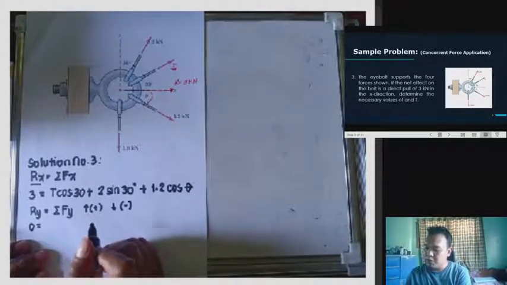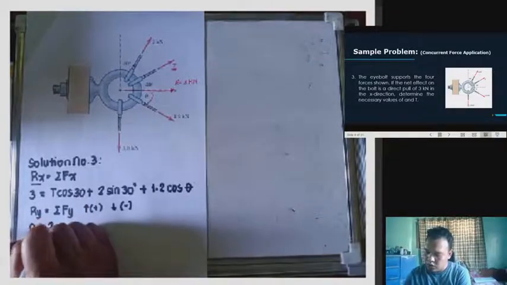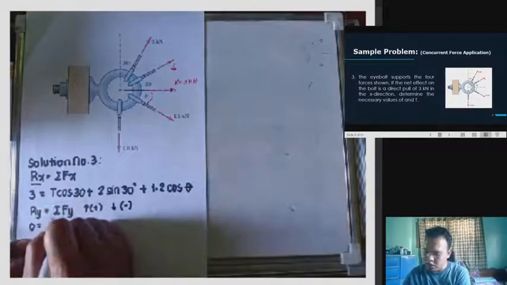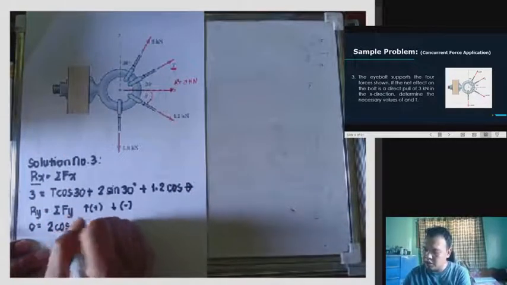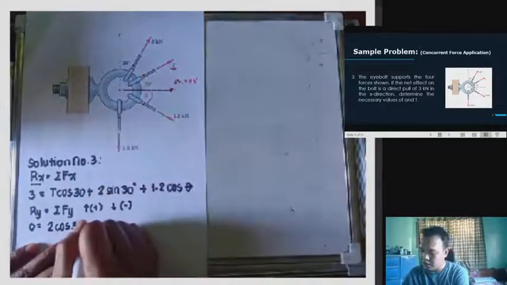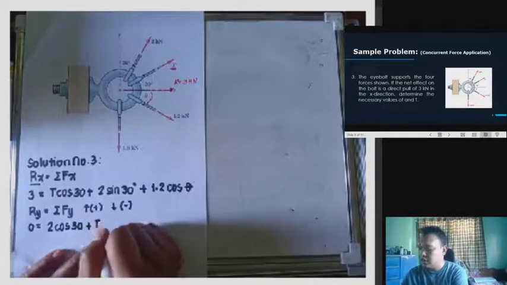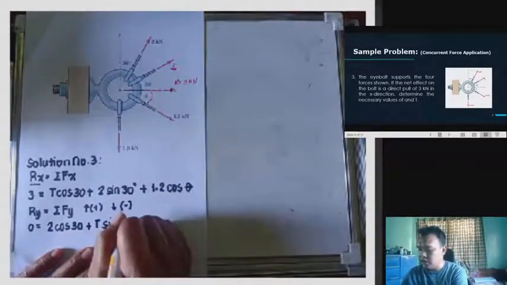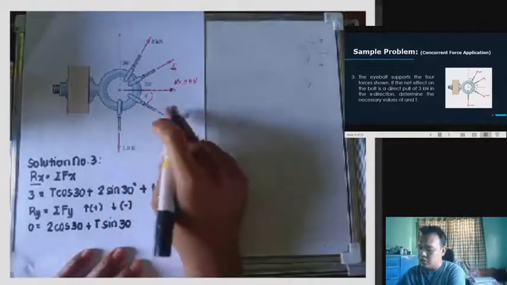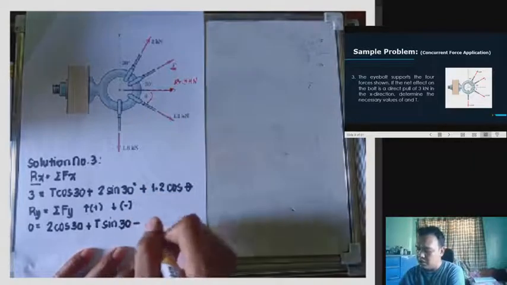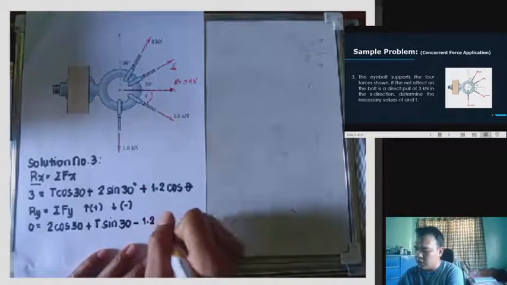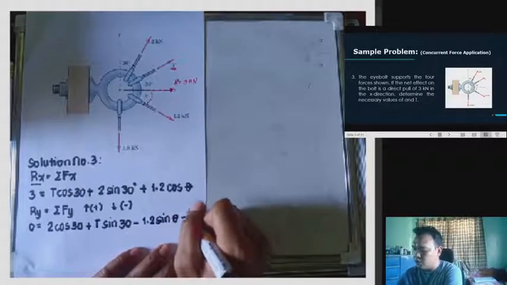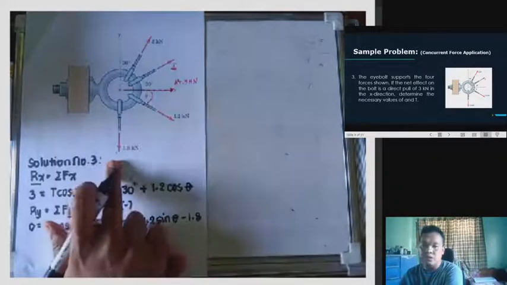So, we have here going up itong nasa taas. To get the y component, 2 cosine 30. Then ito, plus T sine 30, y component ng T. Then ito, going down, minus 1.2 sine theta minus 1.8, which is ito.